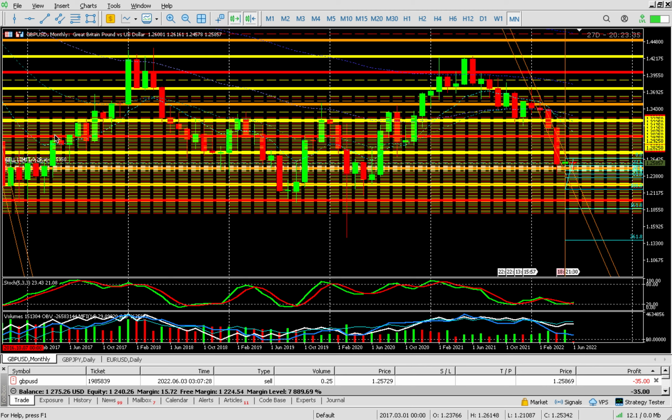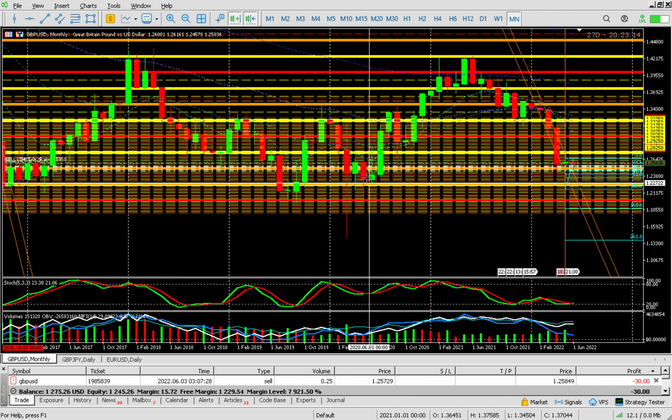And we can see kind of the monthly here. Big wick there. Comes down. Big bearish candle here. Keeps going. Huge wick right here. Look at that. Boom.